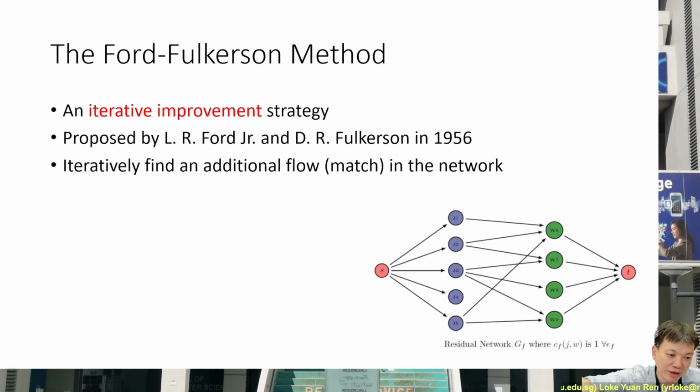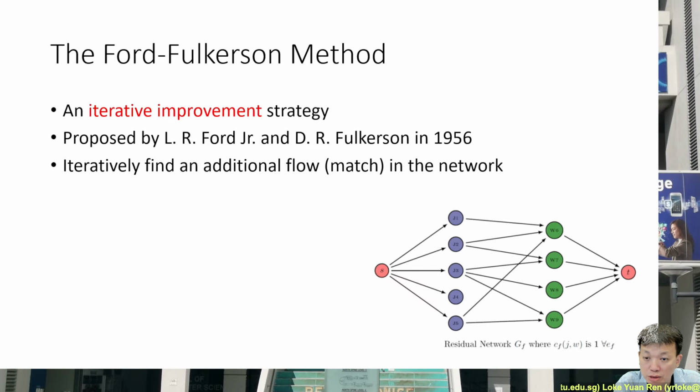Then after you update your graph, you further find another solution, and the result will get better and better. Eventually, when you cannot find any new path, that is the best solution you can achieve. Then you stop. So it's a kind of iterative improvement strategy.